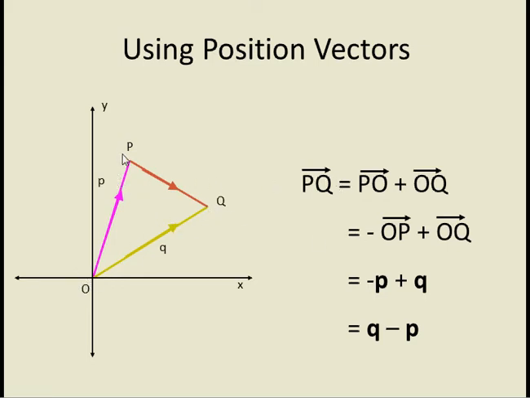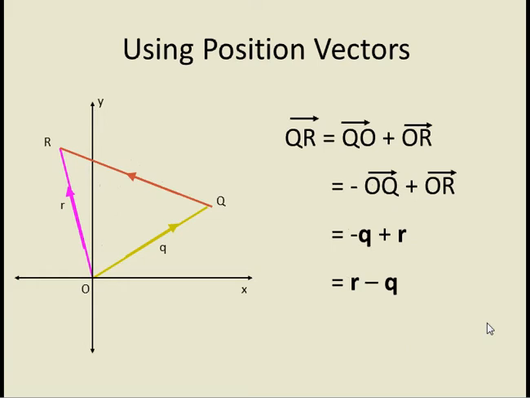Now, OP is p, so PO is negative p. OQ is q, so there we go. So PQ is q minus p. That's pretty easy to remember, and that will be really helpful solving a lot of problems.